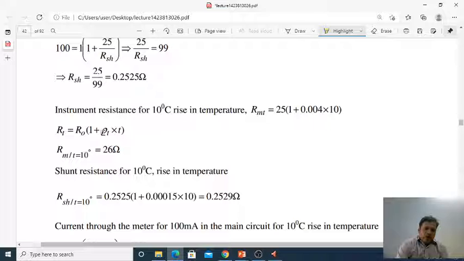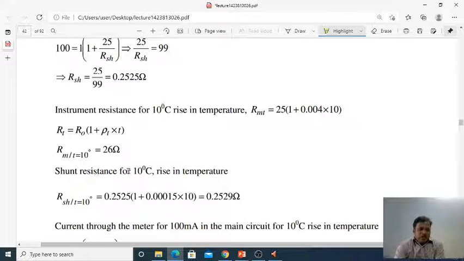Now the instrument resistance for a 10 degrees centigrade rise in temperature is RMT equals 25 into 1 plus 0.004 into 10. These are the values given per degree centigrade. We use RT equals R0 into 1 plus alpha T, and therefore Rm equals 26 ohms at T equals 10 degrees centigrade. As the temperature increases, the resistance also increases.